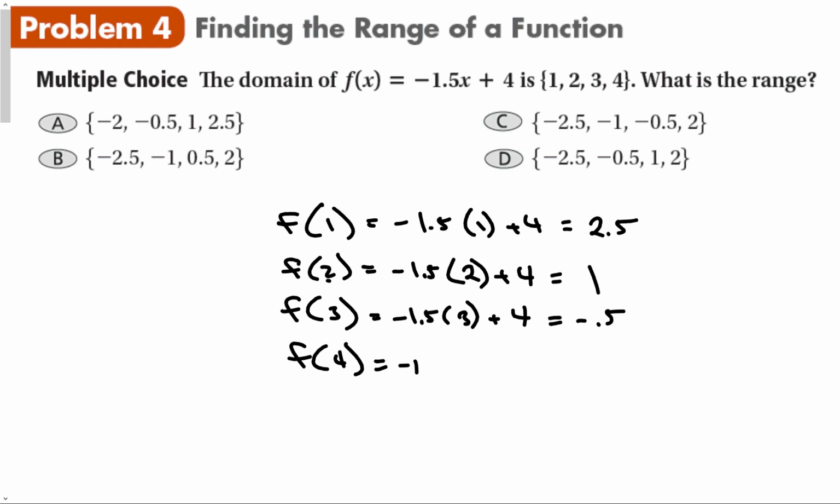And negative 1.5 times 4 plus 4 gives me negative 2. So now I have my range, my output values for these input values, and it is a function because all of my inputs are different. And my range would be 2.5, 1, negative 0.5, negative 2, written in order. That is option A.